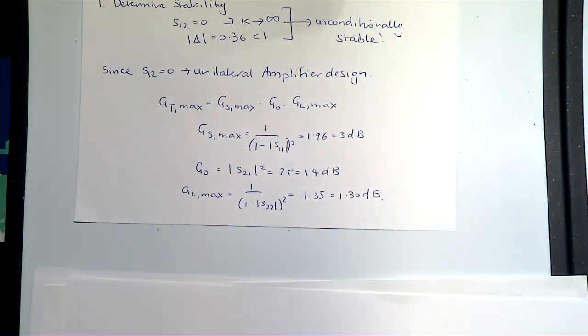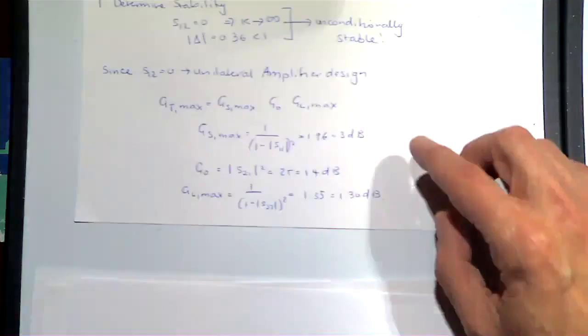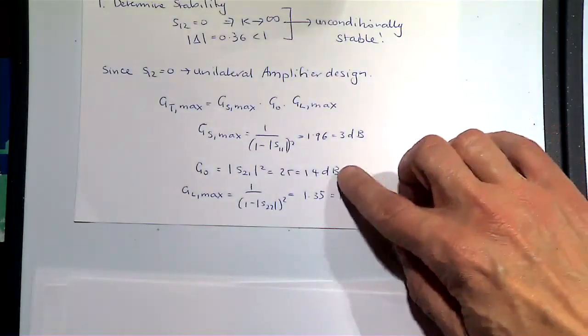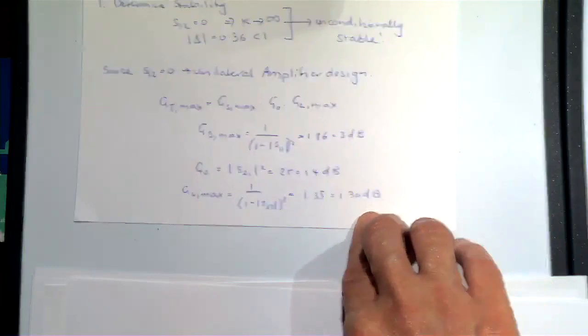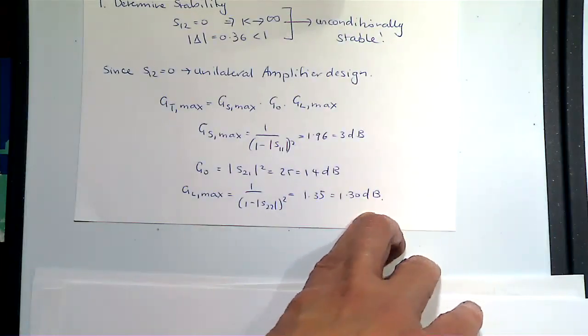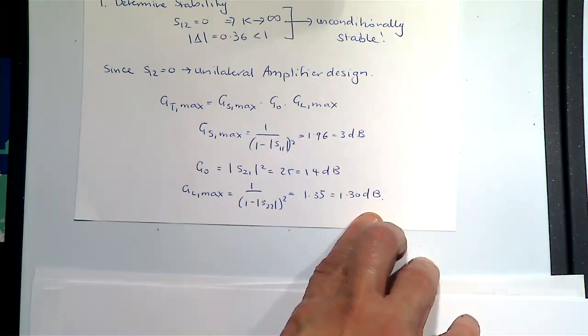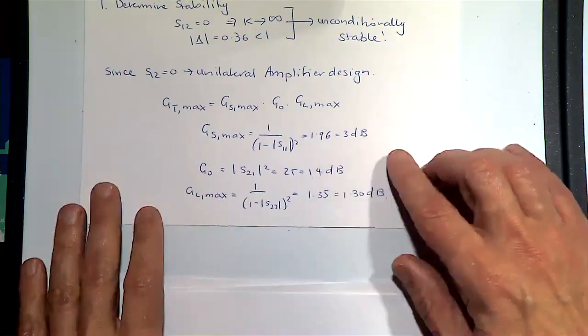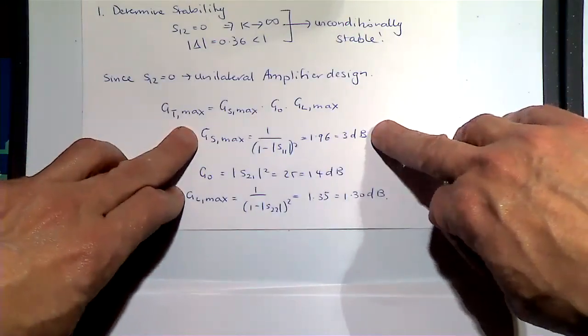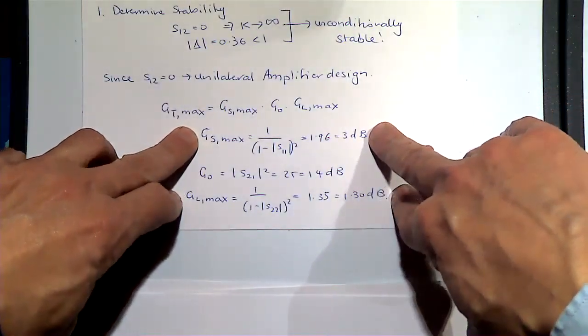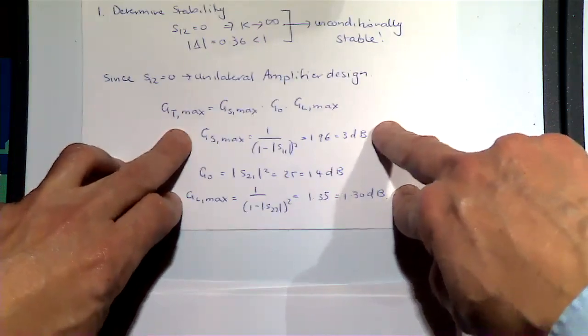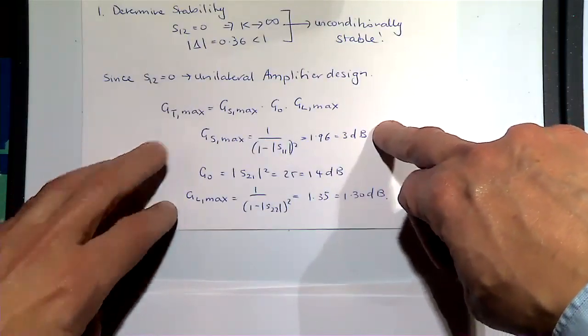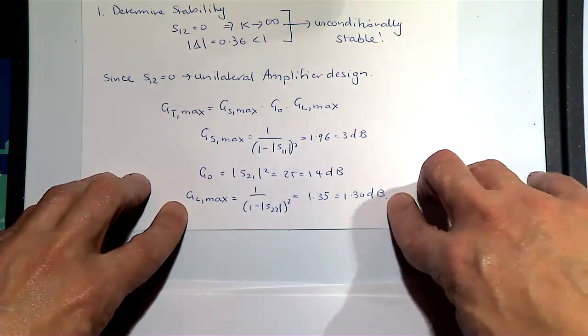But the other thing I'm saying is, even though the number here is 16, which is less than the 18.3 dB you can actually get out of this transistor for any source and load impedance, when you're choosing your GS and your GL, your GS max is always less than 3 dB for this particular transistor, and your GL max is less than 1.3 dB.